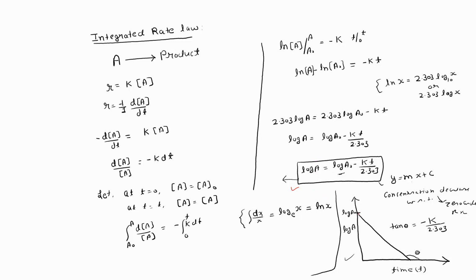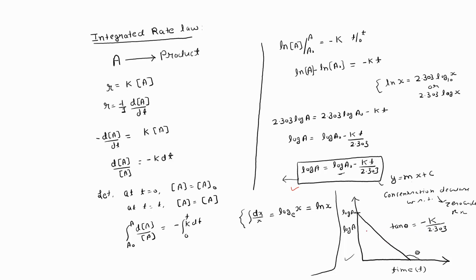And then we have made a graph of logarithm of concentration of reactant with respect to time, which is a decreasing straight line with negative slope, and passes through the intercept log A naught, that is the initial concentration of reactant. So slope of that line will give you minus K upon 2.303.